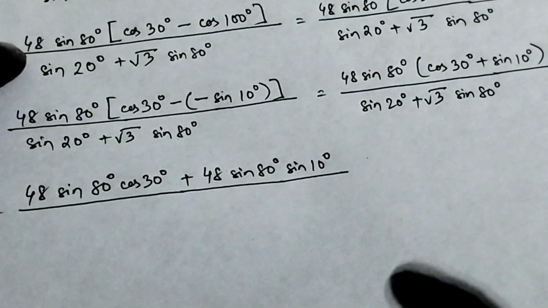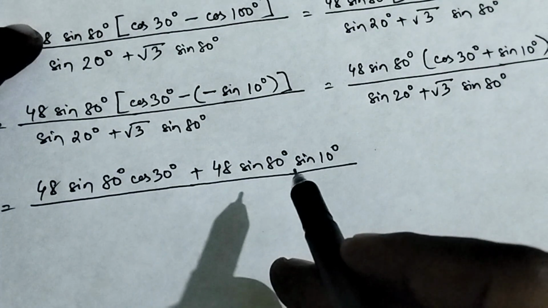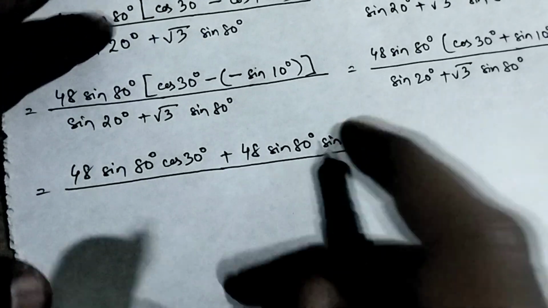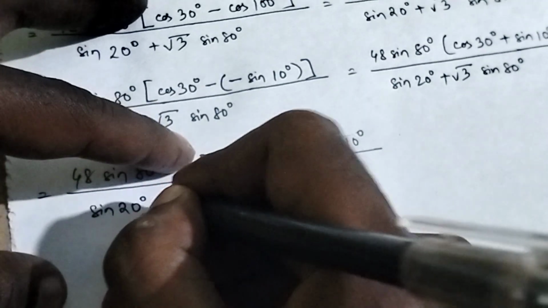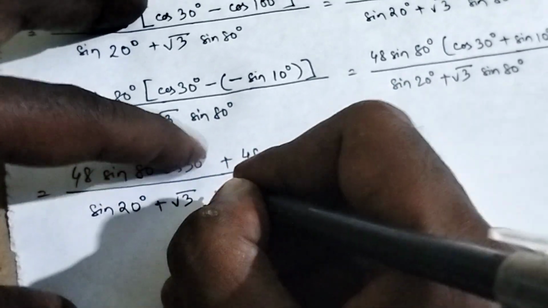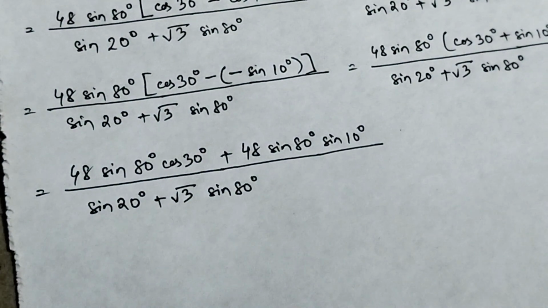Okay, 48 sin 80° cos 30° plus 48 sin 80° sin 10°, and in the numerator as it is written, sin 20° plus root 3 sin 80°.